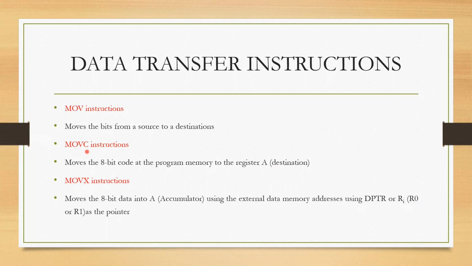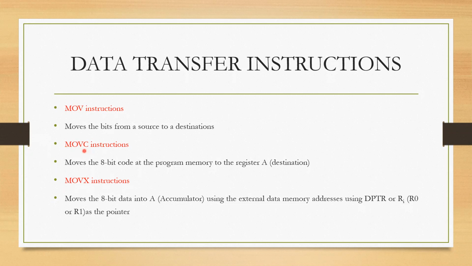Code memory is also called program memory, or you can say ROM. When we are moving from ROM, we use MOVC. The C indicates the code memory, so you can remember it easily.